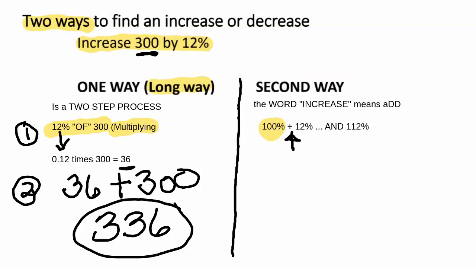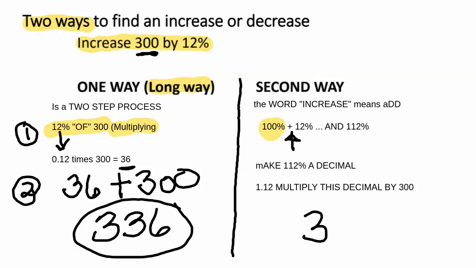Now, I make 112% a decimal, which is 1.12, and then I multiply this decimal by 300. So if I take 1.12 and multiply by 300, are you going to be surprised that I get 336?